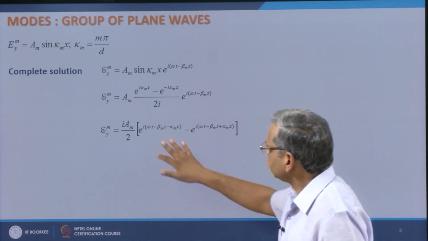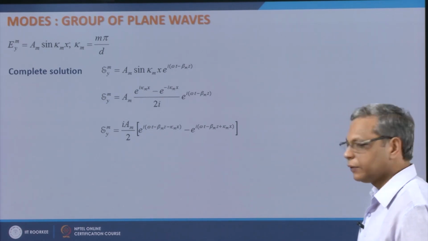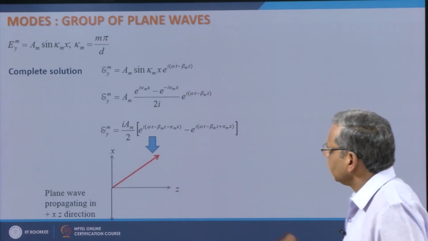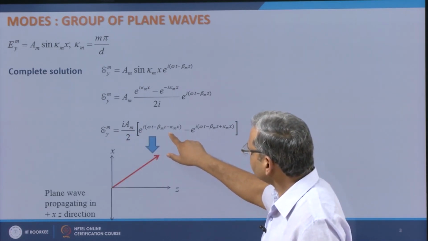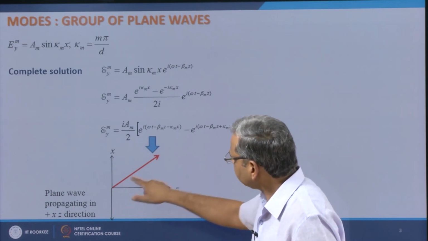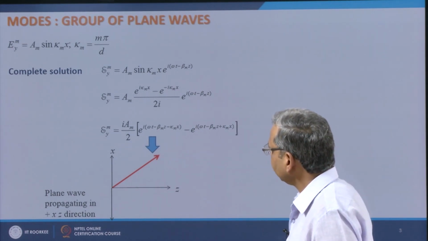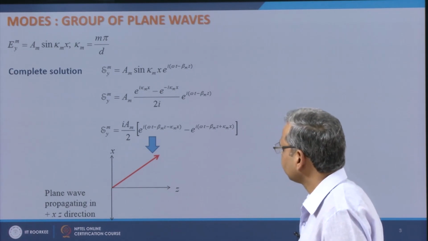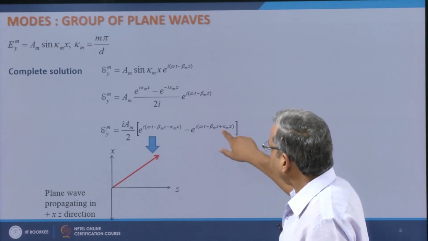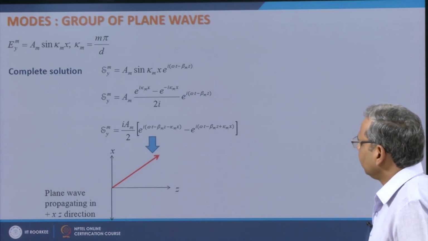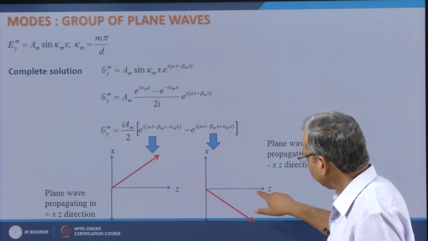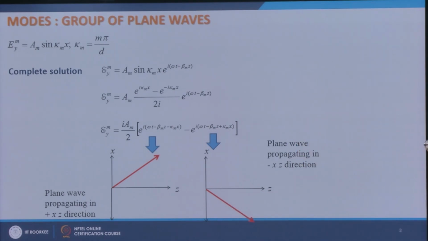When I see this now, this is nothing but a plane wave because outside is a constant. This is a plane wave which is moving in the xz plane, making a certain angle from the z axis, and this is a plane wave which is moving in the plus z, minus x direction.